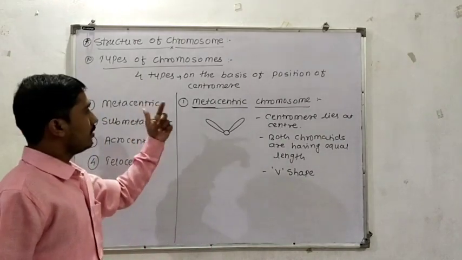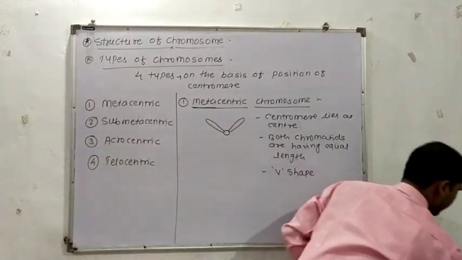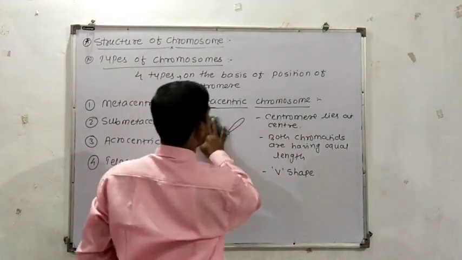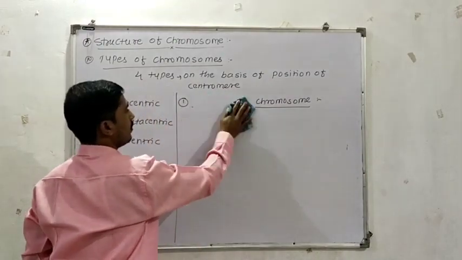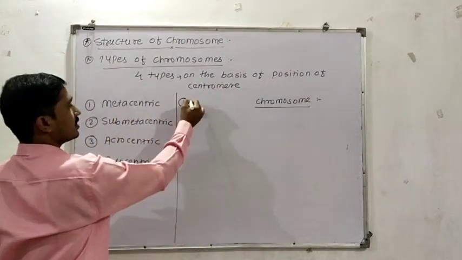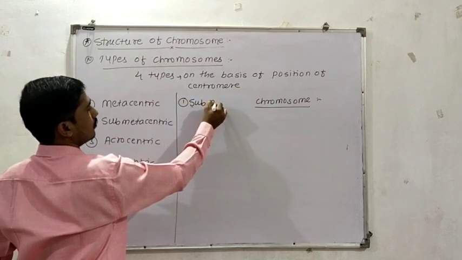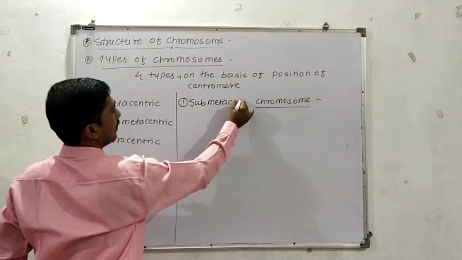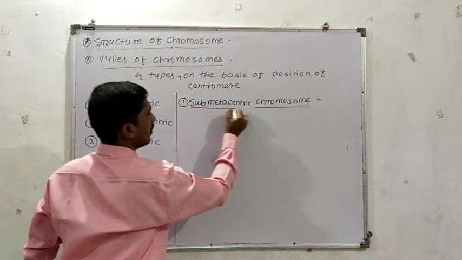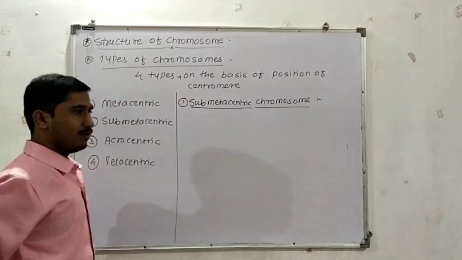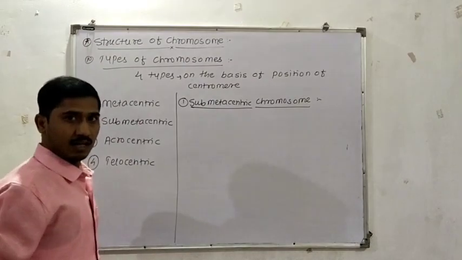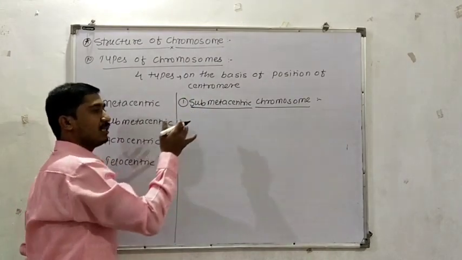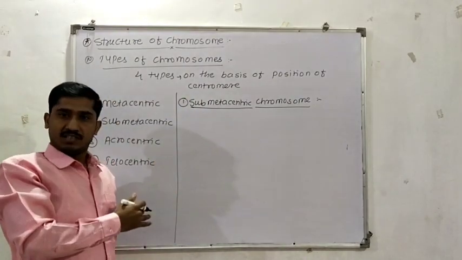Then the next type of chromosome is submetacentric chromosome. Here also the meaning of this type is given in the word submeta. That means centromere lies slightly away from the center.